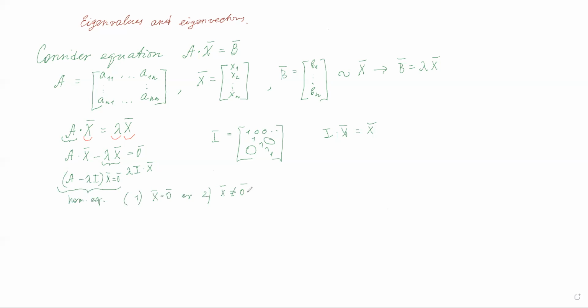So what are we supposed to have to get this non-trivial solution? We're supposed to have the determinant of the matrix which sits in front of x be equal to 0. So the determinant of the matrix A minus lambda I must be equal to 0. And here, this 0 is just a regular 0, since we deal with real numbers. This is the determinant of the matrix, and we remember that a determinant is just a real number.